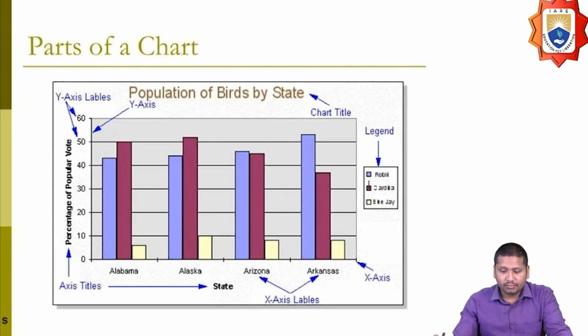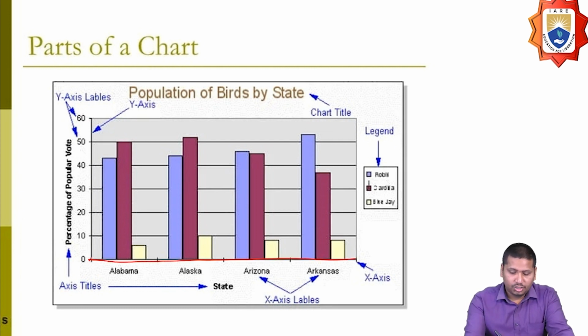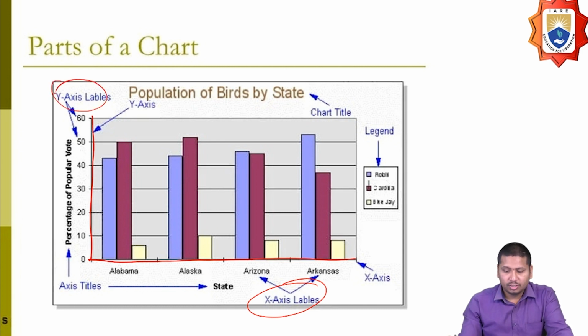So these are the various parts of the chart. This is the x-axis, and this is the y-axis. These are the x-axis labels, this is the y-axis labels, and this is the title of the chart.